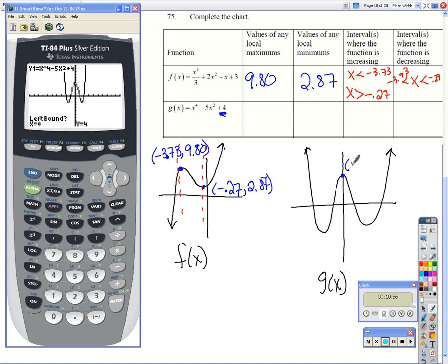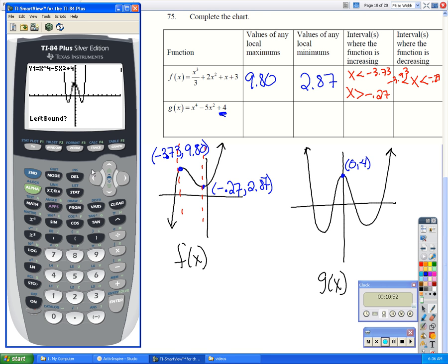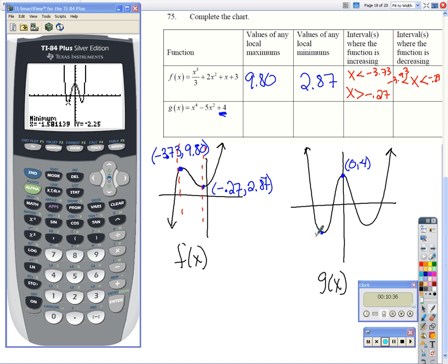So that's this point here. So I'm going to find this minimum here on the left. Left bound, enter, right bound, enter. This point is negative 1.58, negative 2.25.